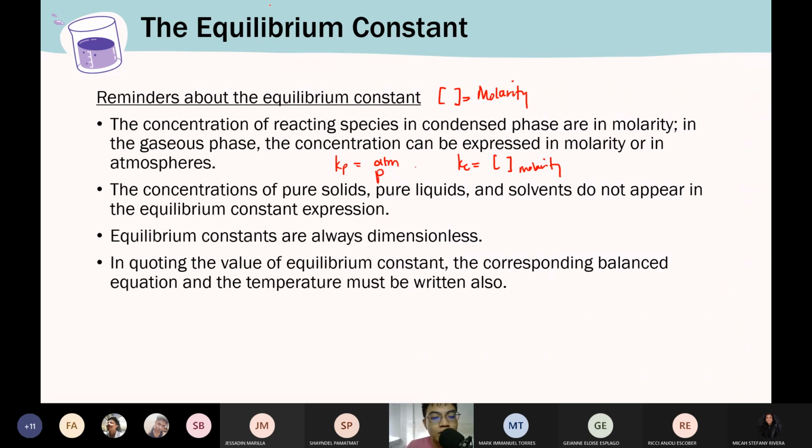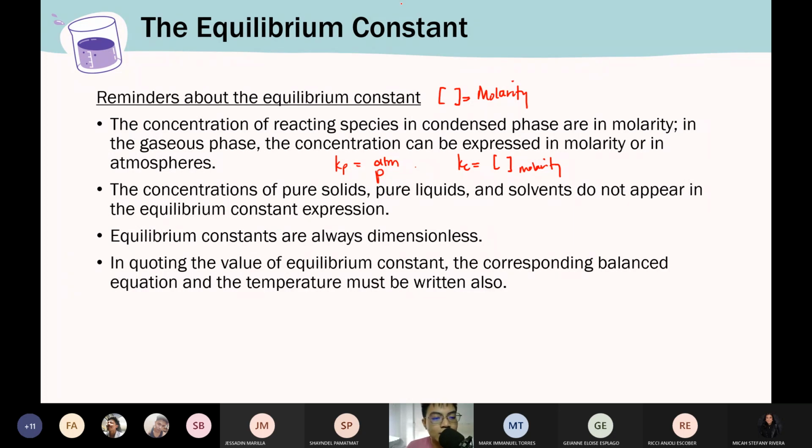Kaya later on, pag nag-calculate tayo, hindi na tayo maglalagay ng units. Okay? Baka kasi isipin nyo, kailangan mag-cancel out ng units. No. Okay? Hindi talaga nagka-cancel out yung units dito. Kaya ginagawa na lang namin, we just delete the concentration or the pressure units.